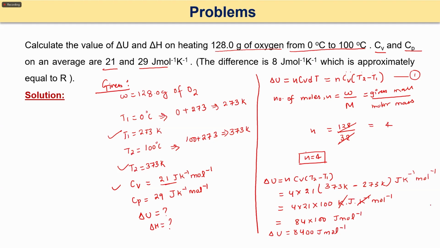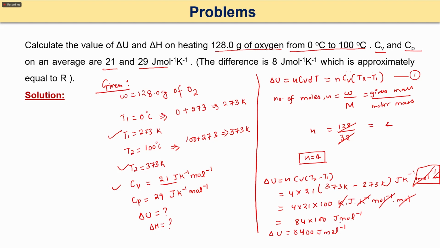But here we have calculated for 4 mole, so per mole will not be considered over here. We had n equal to 4 mole, so this mole and mole inverse will be cancelled out.